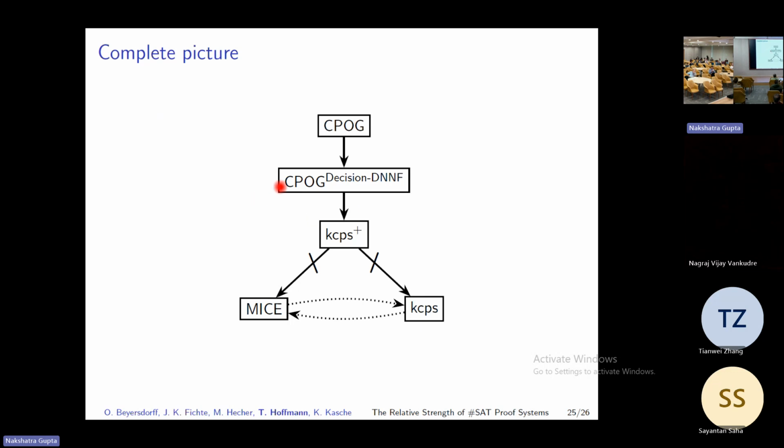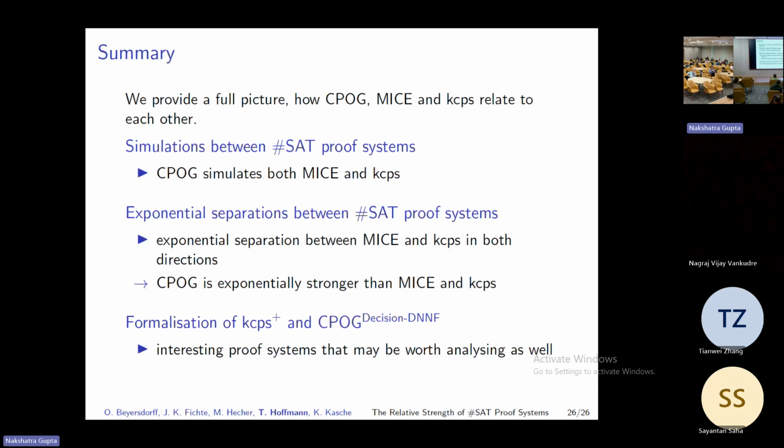And also this CPOC on decision DNNF might be interesting because it is sufficient to model, to extract proofs from current solvers, and these negation gates that are added into the circuit class have some strange behaviors, I think. Yeah, and that's it. Thank you.